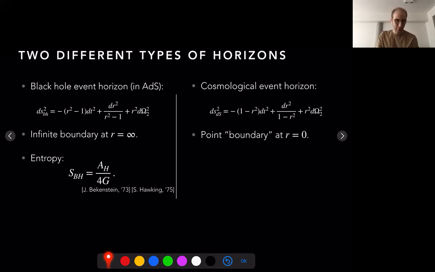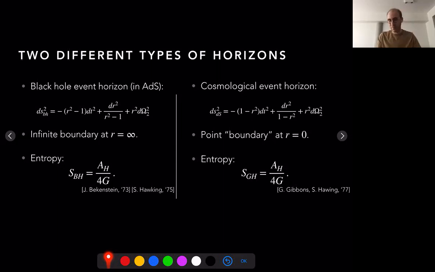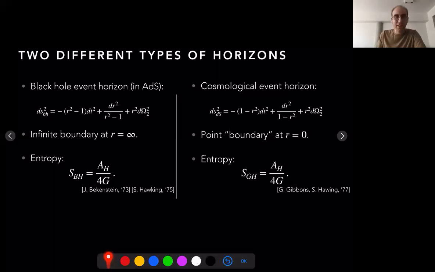We also know, and this formula already appeared a few times in this conference, that black holes have entropy, Bekenstein-Hawking entropy. Quite similarly, the de Sitter horizons also have entropy, and this is something that Gibbons and Hawking wrote a few years after the Bekenstein-Hawking formula. And understanding this entropy is part of the puzzle in holography.